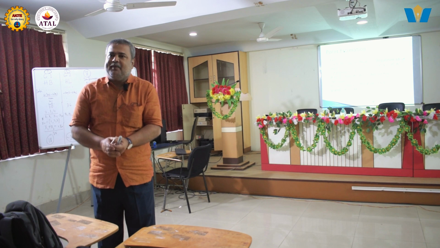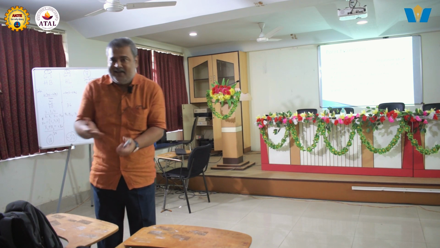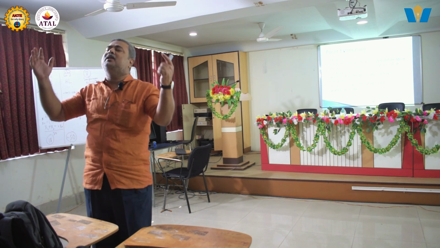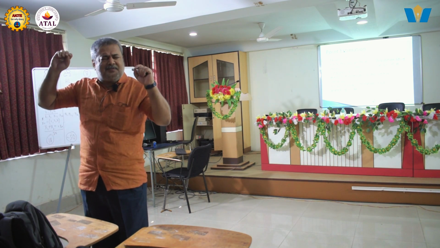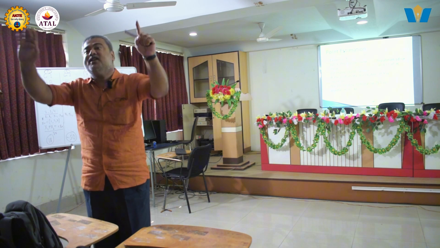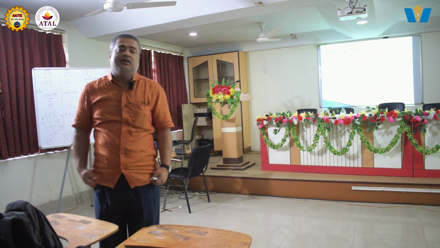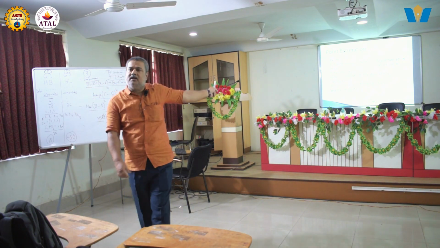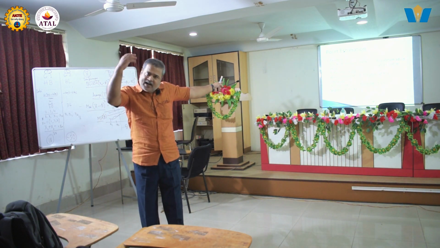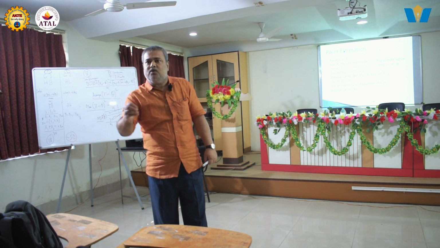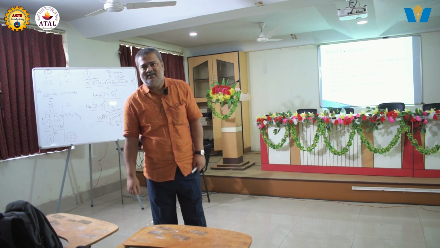If sigma is known, you definitely use sigma by root n. Generally sigma is not known. A hypothetical population sigma may be known from prior information, and then you can use it. If it is unknown, you estimate sigma by S.